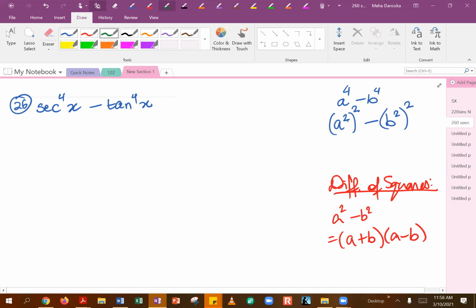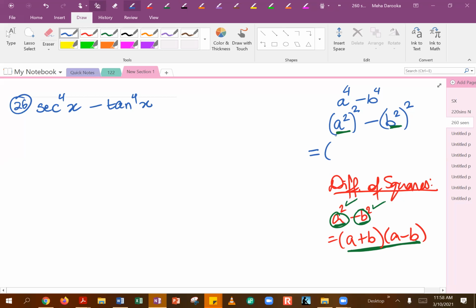So now this a square is acting as your a over here, and the b square is acting as our b, and then you have your squares on the outside. So using this rule of a plus b, a minus b, you will end up breaking this down into what Abdul Aziz has in chat.